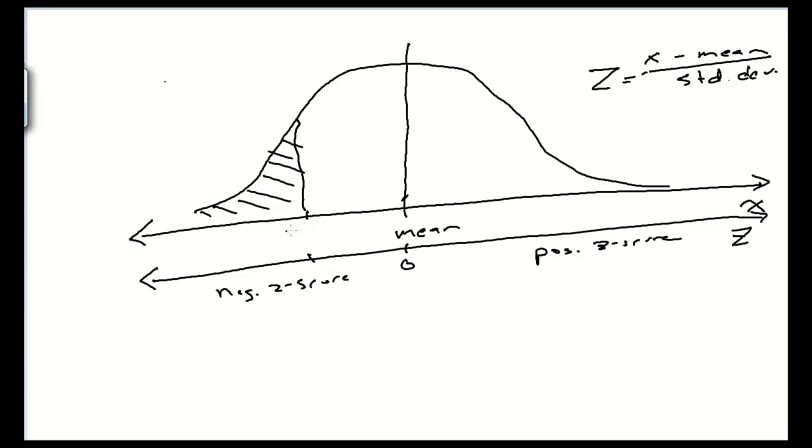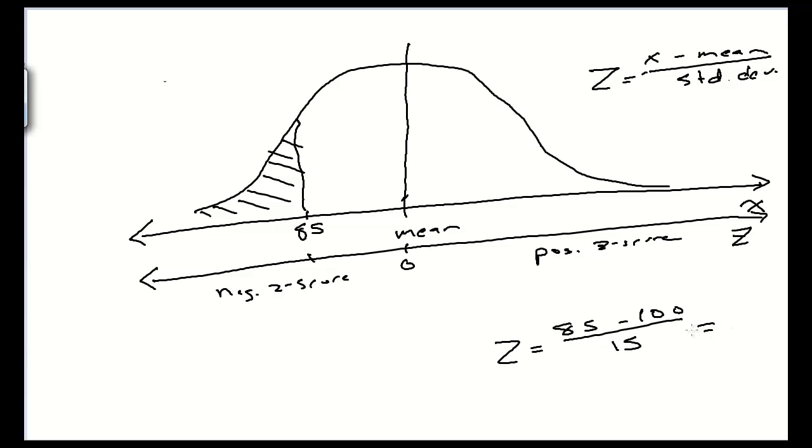And so maybe I want to know, let's say this is 85. What percentage of the population has an IQ less than 85? To do that, the first thing I need to do is convert that IQ score into a z-score. So z equals 85, which is my value, minus my mean, which is 100, divided by my standard deviation, which is 15.